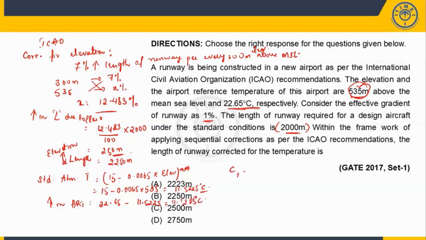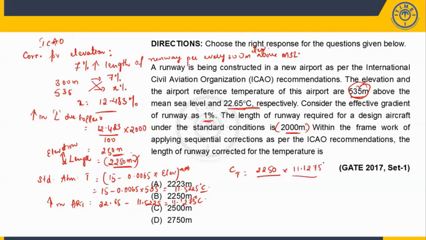So correction for temperature is equal to, listen, already for elevation, when we applied correction, we got corrected length as 2250 meter. After applying correction, total length is 2250, into the temperature 11.1275 degrees Celsius.